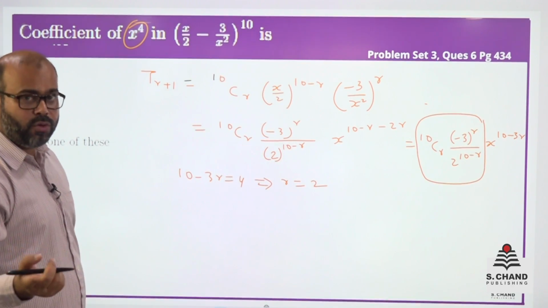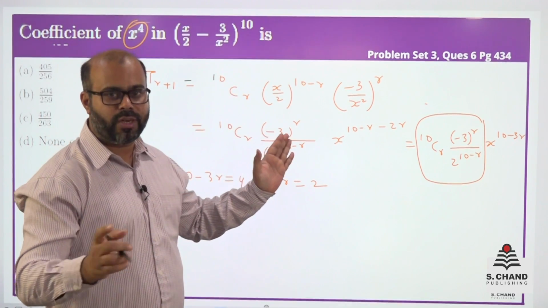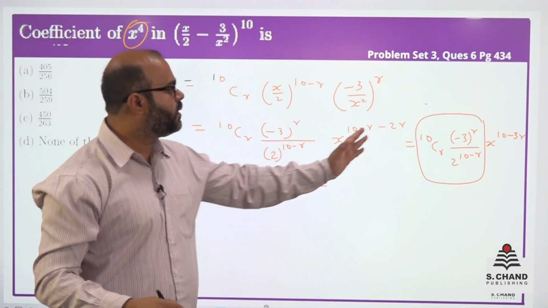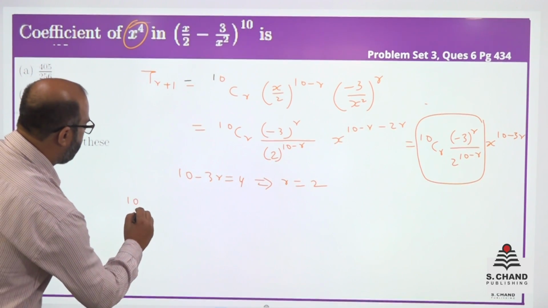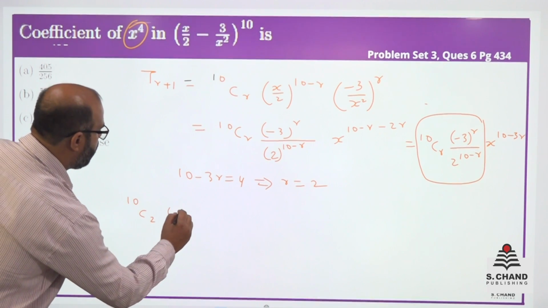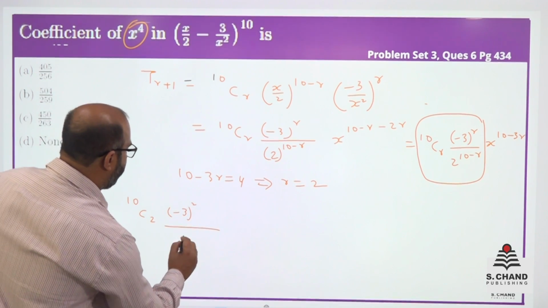Now let us put it here and see the coefficient, not the binomial coefficient but the coefficient. The difference between binomial coefficient and coefficient: binomial coefficients are only 10 C0, 10 C1, 10 C2. Coefficient means any constant other than the variable. So 10 C2 minus 3 to the power 2 upon 2 to the power 8.